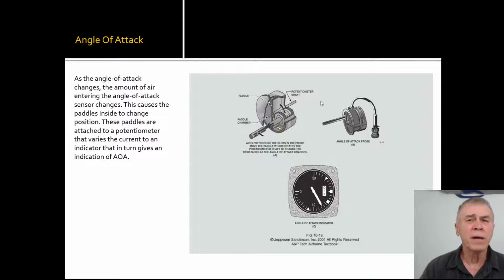Depending on how far they move, it's attached to a potentiometer, which is similar to a rheostat, where you can adjust the amount of current and therefore the speed. It varies the current to the indicator, which would be down here. That in turn gives an indication of the angle of attack.